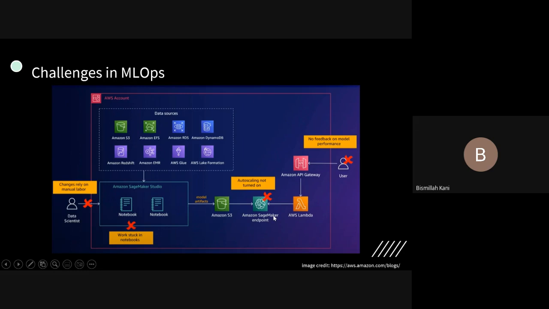Now it cannot cater to the huge demand that has suddenly surged. So in order to meet that, you need to have an auto scaling configuration on your SageMaker endpoint. And finally, there is no feedback loop designed into this project. So you will not get any feedback other than customer complaints when the model doesn't perform well.